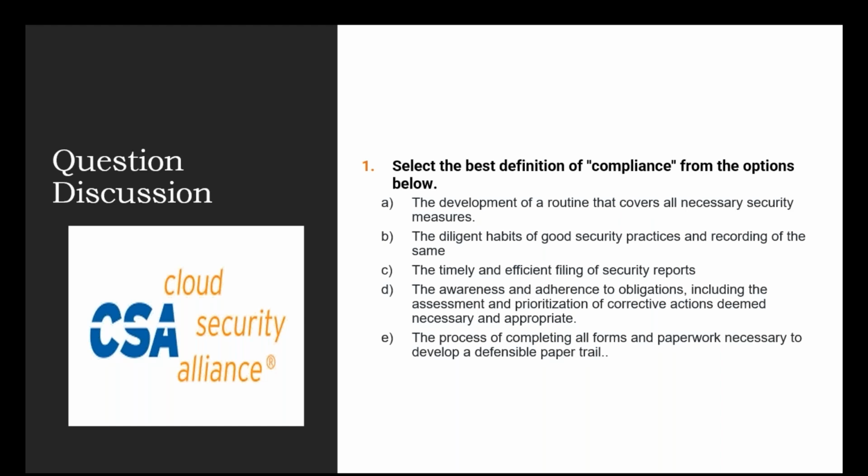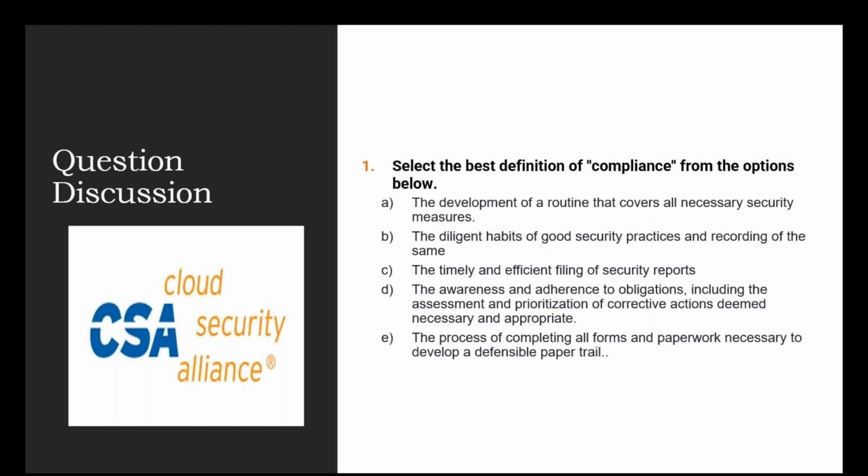When it comes to D, I can see B and C as well. If you come to B, diligent habit of good security practice and recording of the same. Under compliance, definitely we should implement the best practices.